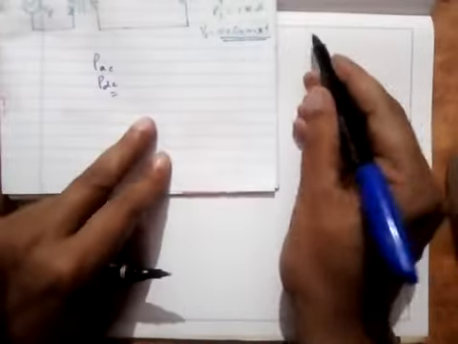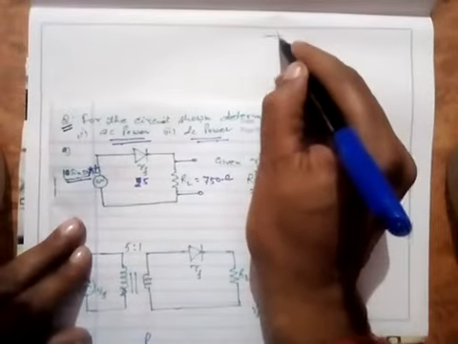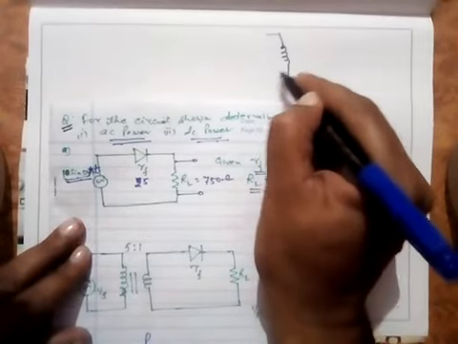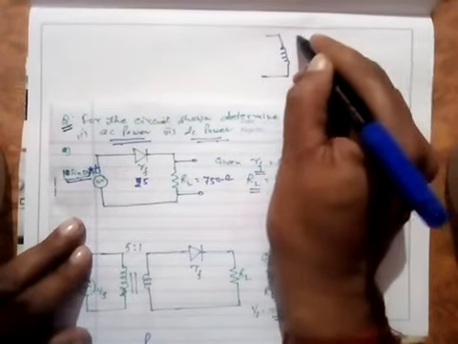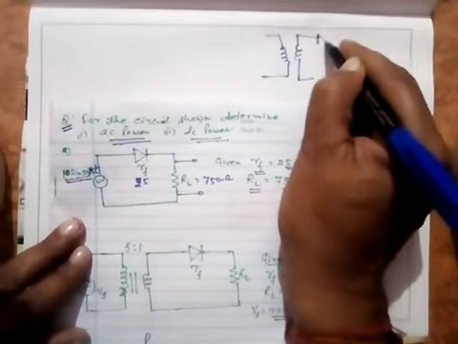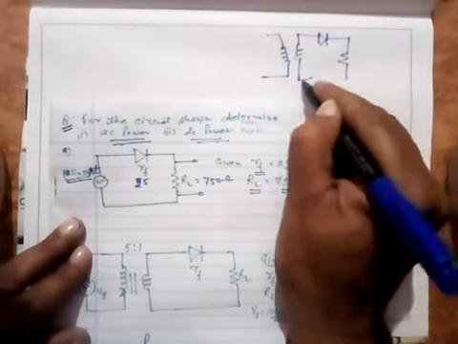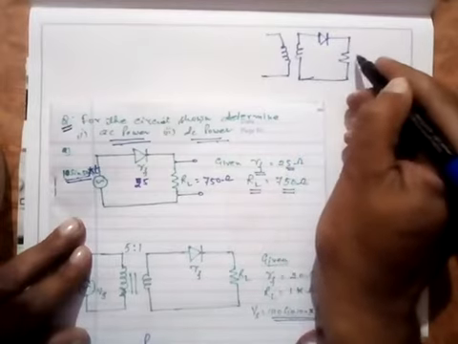Let me redraw this figure again. Second figure, I am drawing it here. I am redrawing this. You have a transformer here. A transformer is given, followed by a diode, and you have a load resistance RL here.